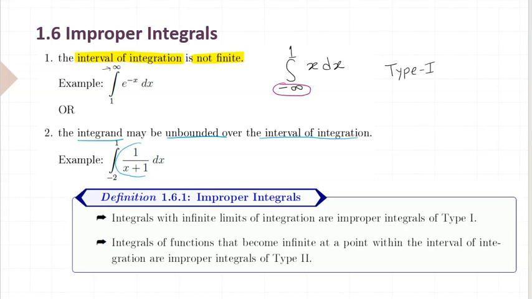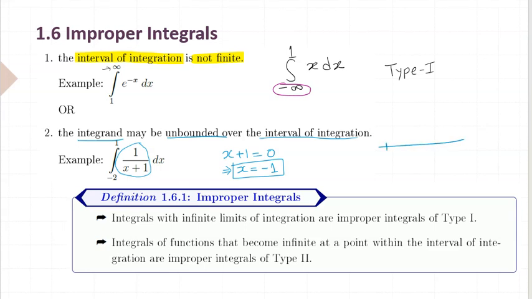This is your integrand. Looking at 1 over x plus 1, this will become infinite if x plus 1 is equal to 0. The denominator becomes 0. So this gives you the value of x as minus 1. So it means at x equal to minus 1, this integrand becomes unbounded.